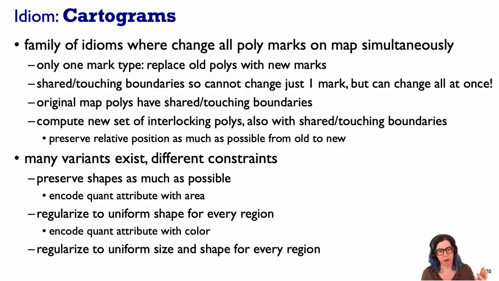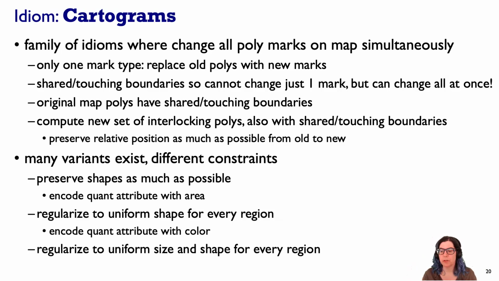Now, there's a lot of different variants of cartograms, and I'll talk about a few of these. You can think of these as different constraints on the algorithm that you're employing to do this. One flavor is that we try to preserve the actual shape of the mark as much as possible, and then we are encoding this new quantitative attribute with the area.